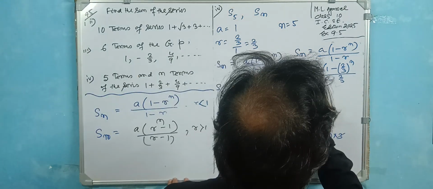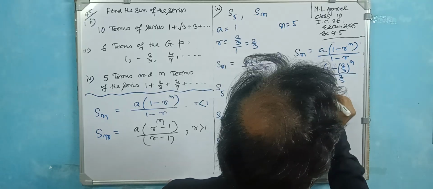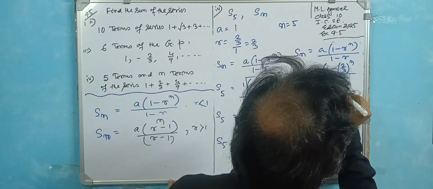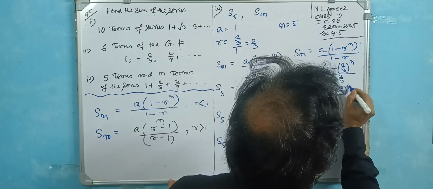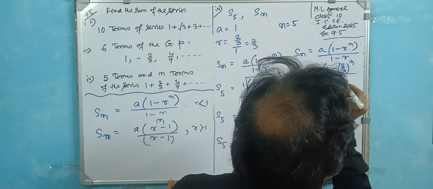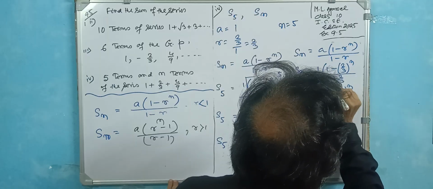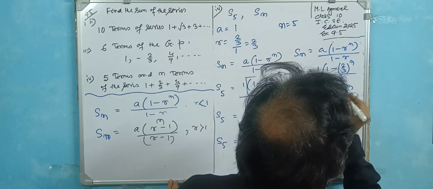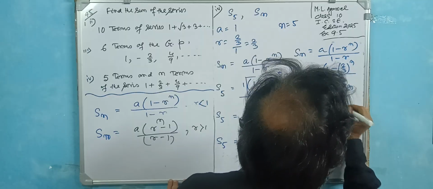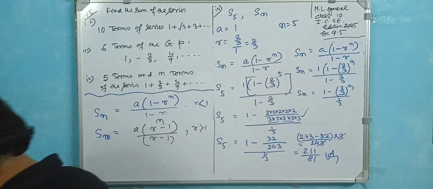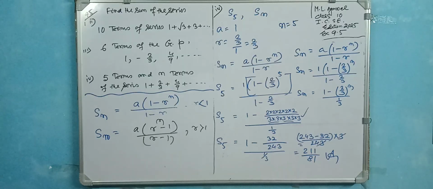So Sn is 1 minus 2 by 3 to the power n by 3 minus 2, which is 1 by 3.